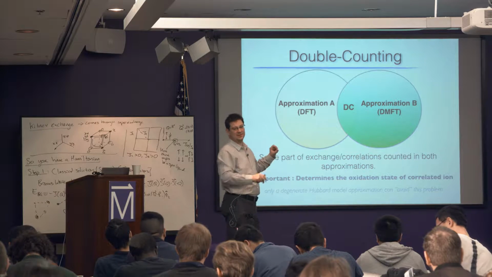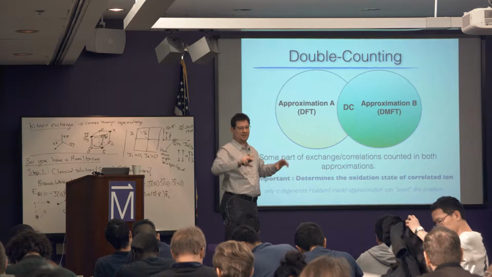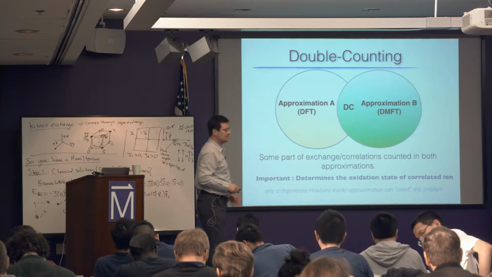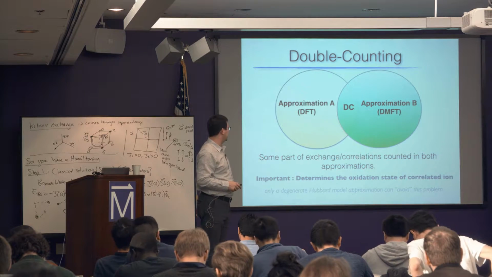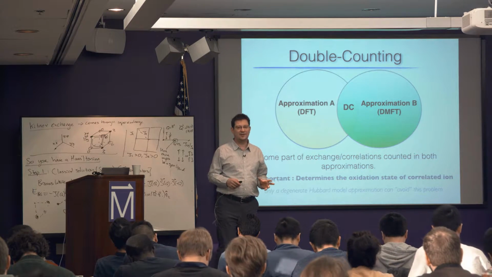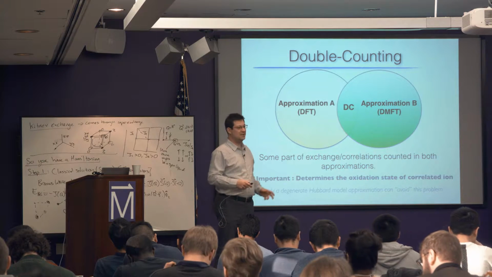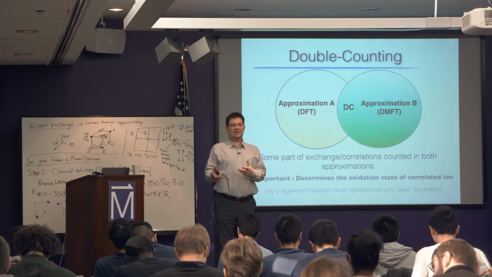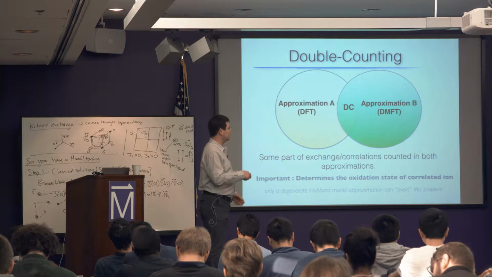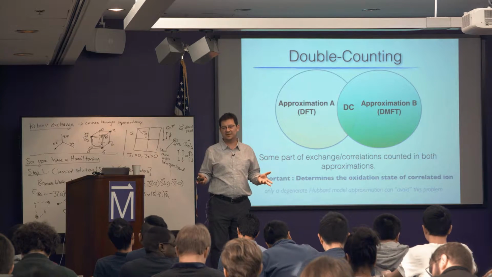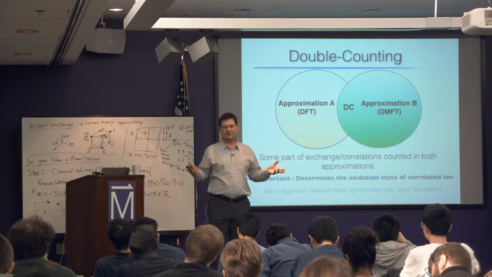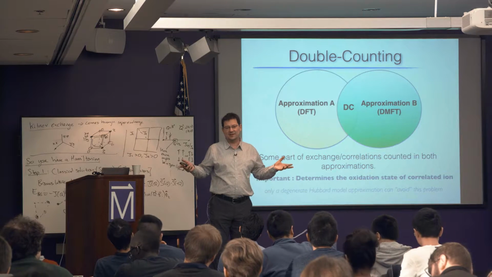We wrote two pieces of functionals, DFT part, DMFT part, and there is something which is counted twice. And what is that? For a long time, people thought that since DMFT can be written in terms of Feynman diagrams, if I could just write approximation A also in terms of Feynman diagrams, then I know which Feynman diagrams are counted twice, and I solve the problem.